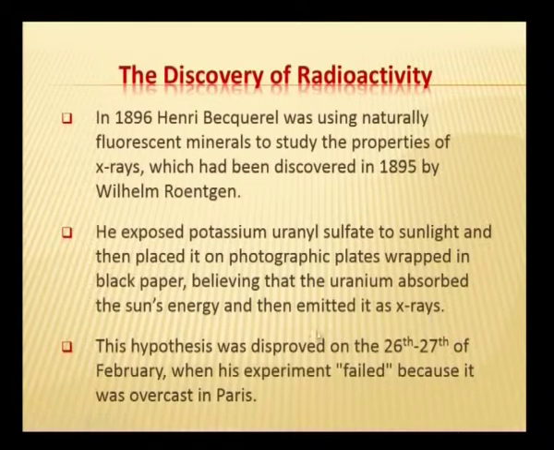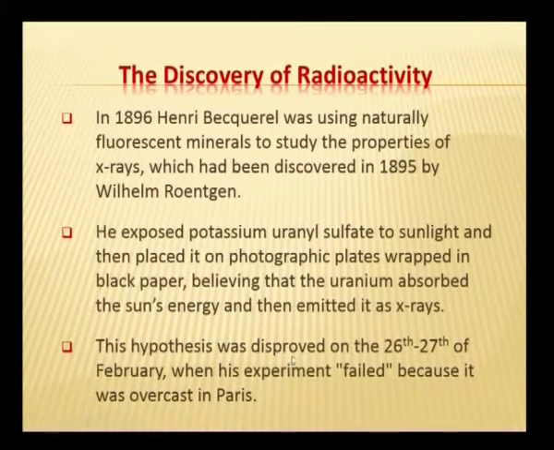So, he was expecting the radiation coming out to be X-rays. The hypothesis was disproved on the 26th and 27th of February, when his experiment failed because it was overcast in Paris.